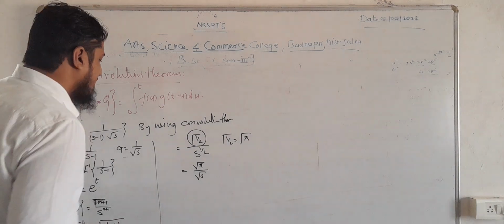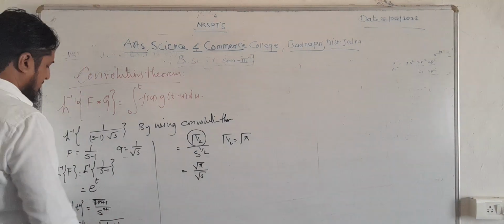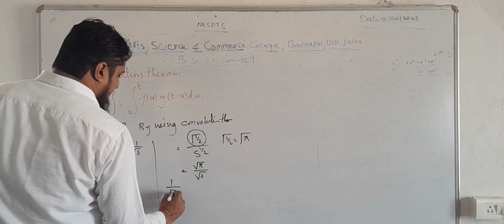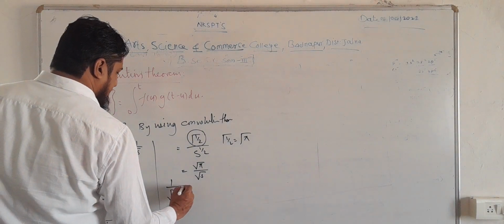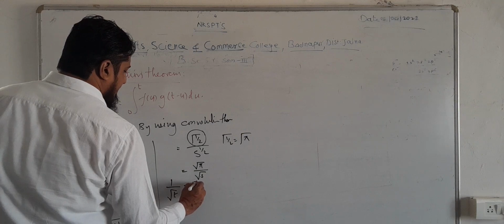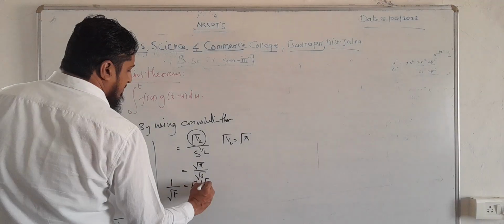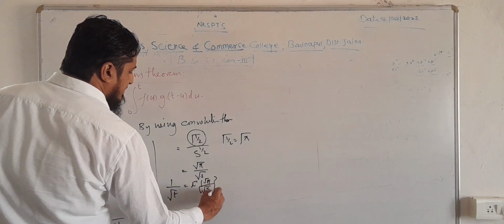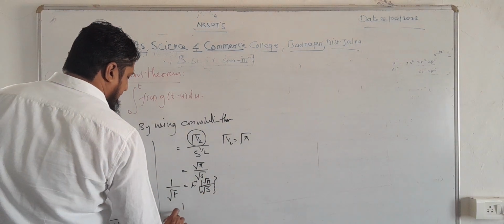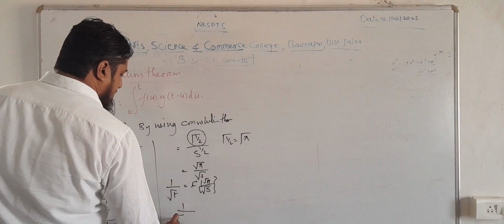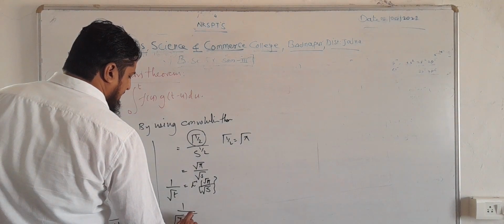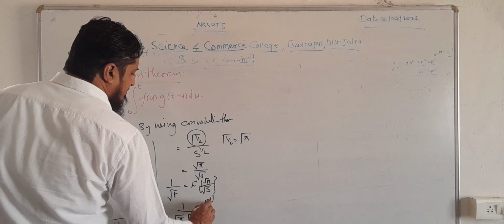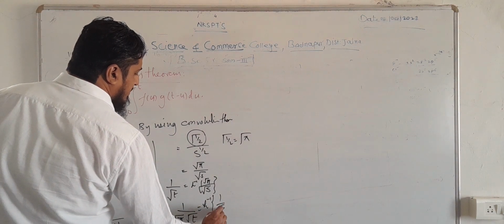If we apply the inverse Laplace transform on both sides, we will get 1 upon root t is equal to the inverse Laplace transform of root pi upon root s, which will be equal to root pi into the inverse Laplace transform of 1 upon root s.